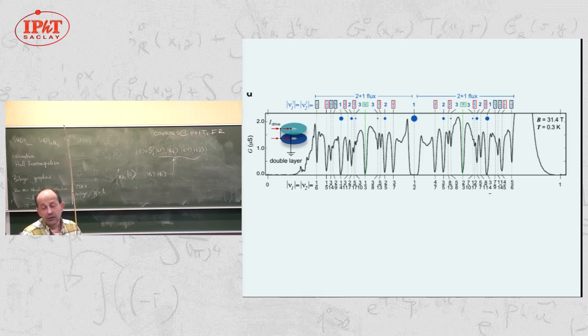Which means that in the language of wave functions, 2 flux tubes means a Jastrow factor to the power 2, the Vandermonde determinant to the power 2. And you can also add a Vandermonde determinant to the power 1 corresponding to the coordinates of the electrons living in the other layer. So with this simple idea, you explain many of these fractions as a generalized fractional quantum Hall effect, but not all fractions.